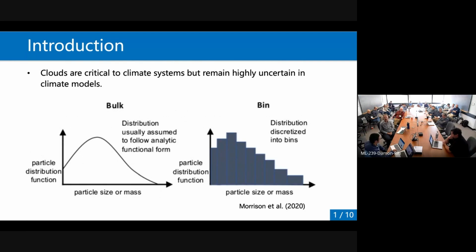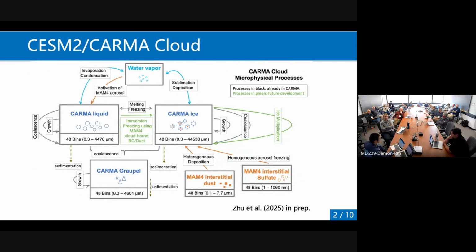As in the figures here, MG uses bulk microphysics, which assumes the size distributions, while our CARMA cloud uses bin microphysics, which resolves the sizes in each bin. Here is a schematic diagram for CESM2 CARMA cloud. We have three categories: CARMA cloud, ice, and we also added graupel in this version.